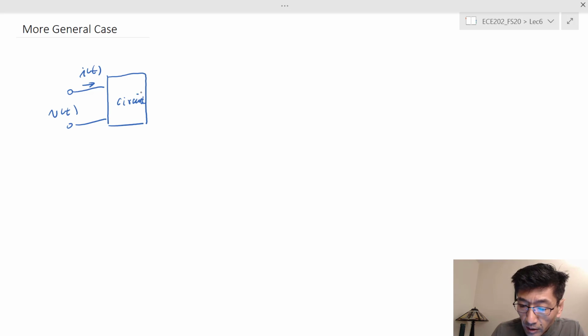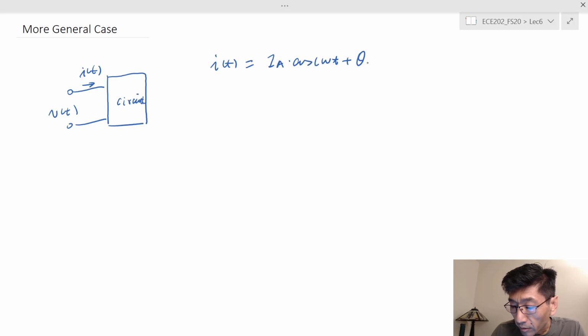In this case, I would like to see what happens if i(t) is in sinusoidal steady state, I sub A cosine omega t, but I also give it a phase angle, let's call it theta sub I. And v(t) is equal to V sub A, the amplitude, times cosine omega t plus theta V.